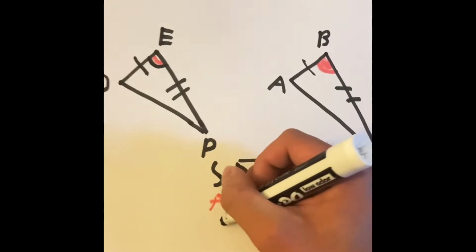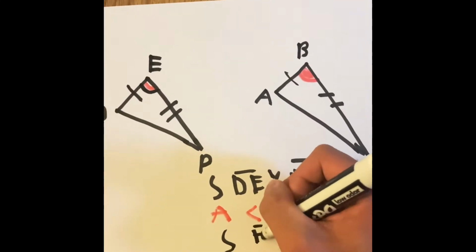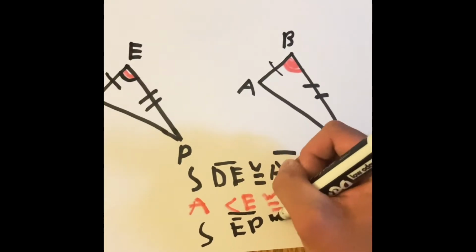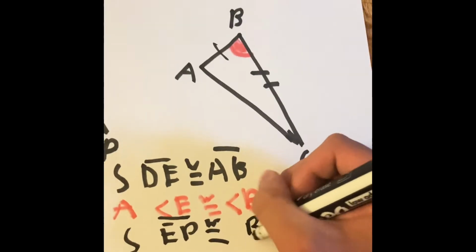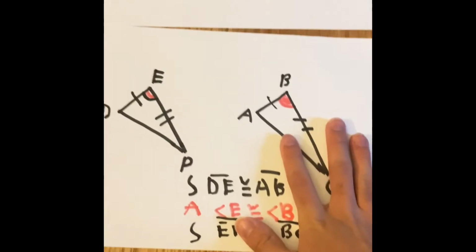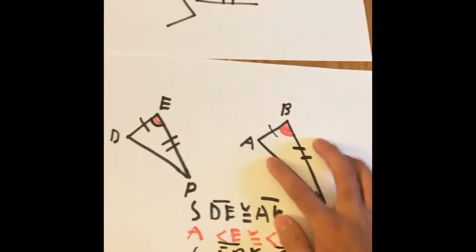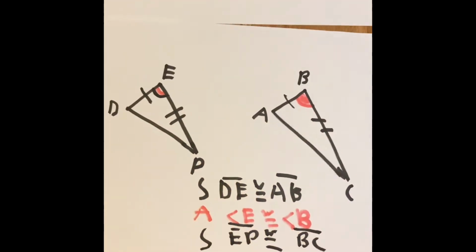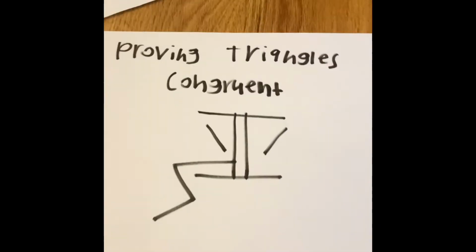And let's head back to the side. Side EP is going to be congruent with side BC. So there we go. We have side, angle, side. And this is another way where we can show how the triangles are congruent.